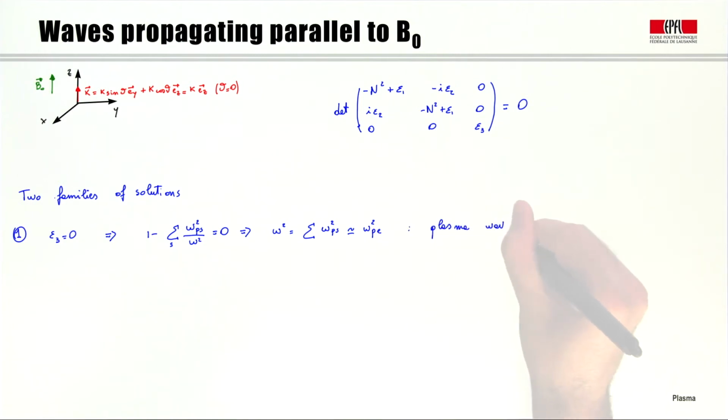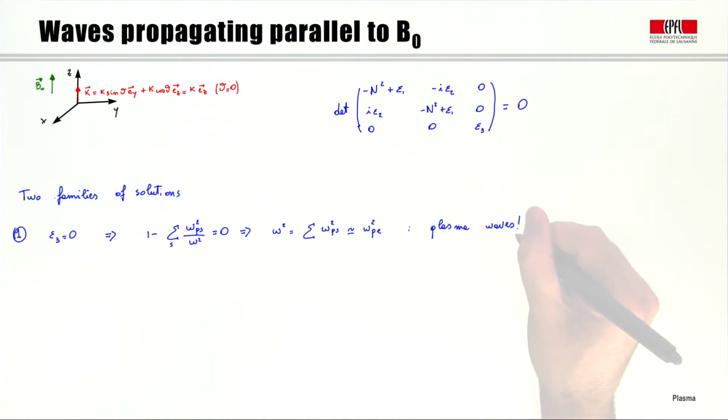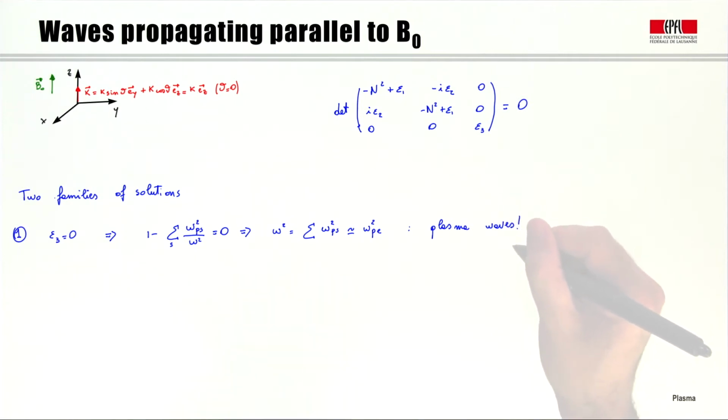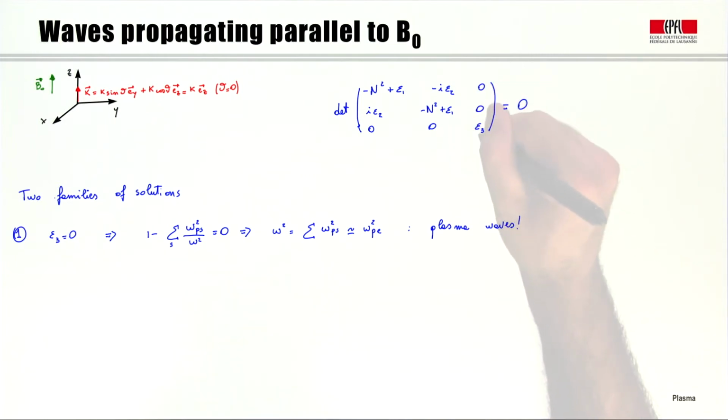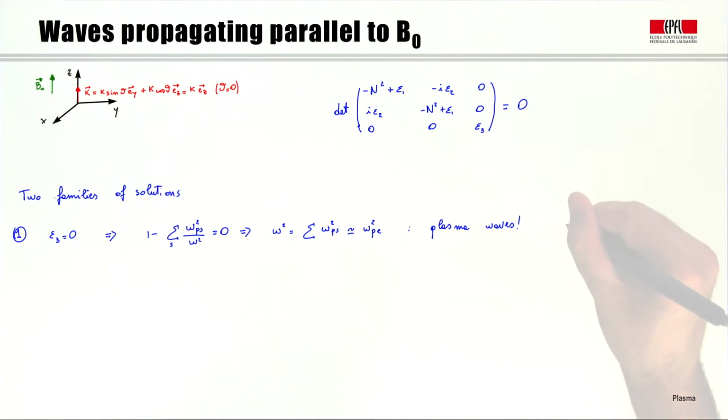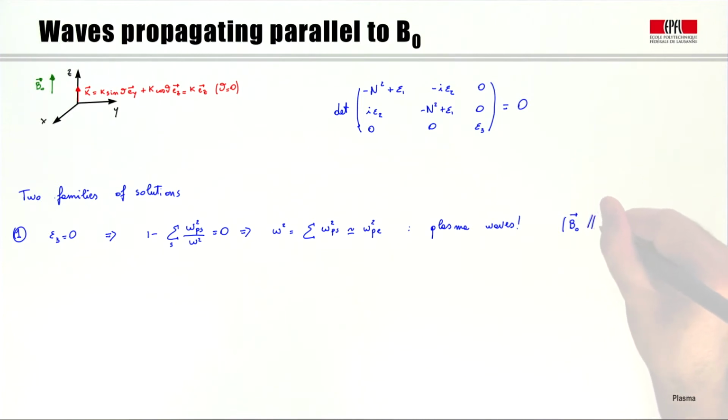What was the subject of our first lecture of the plasma physics course? It's a wave that takes place only in the direction parallel to the magnetic field, for which B0 is parallel to K, which is also parallel to the perturbed electric field.